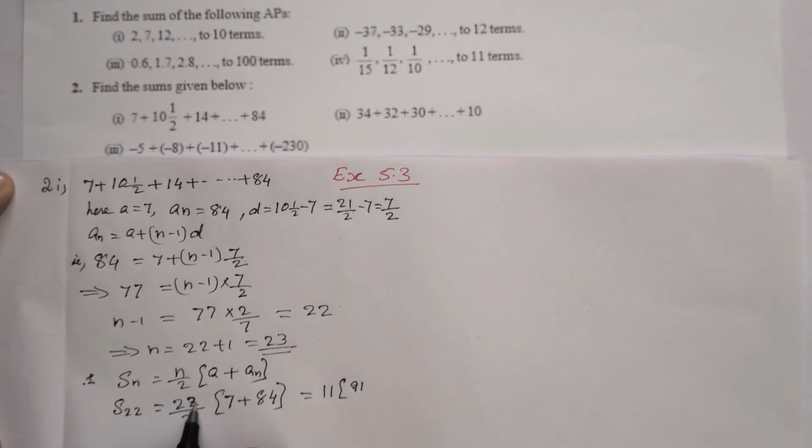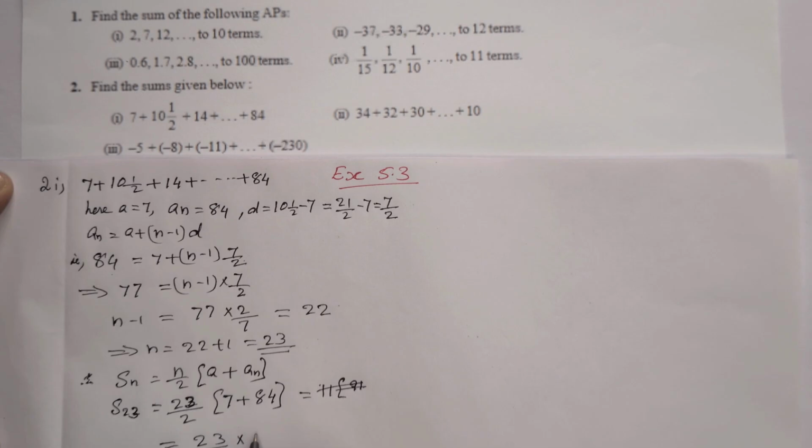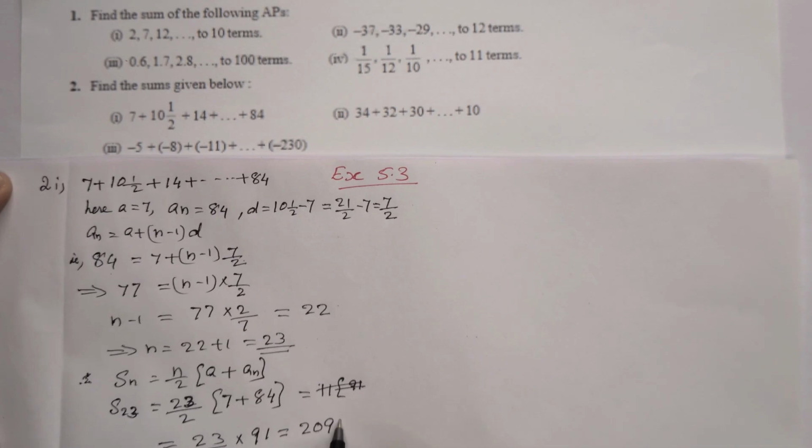There is the digit 23, not 22. So 23 by 2 it will remain here, that is 23 by 2 into 91, which is equal to 2093 divided by 2.